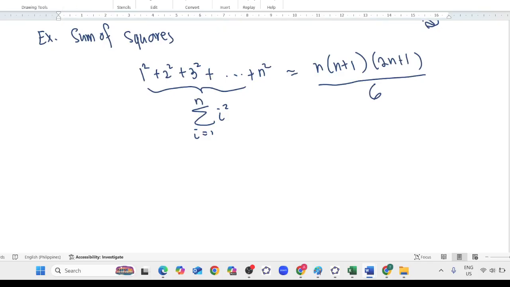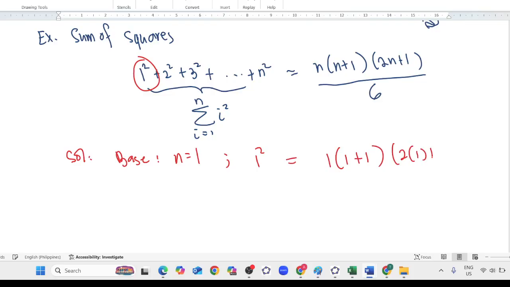Okay, solution. Base case, we need n equal to 1. So if n is equal to 1, here 1 squared is 1, 1 plus 1, 2 times 1 plus 1 divided by 6.